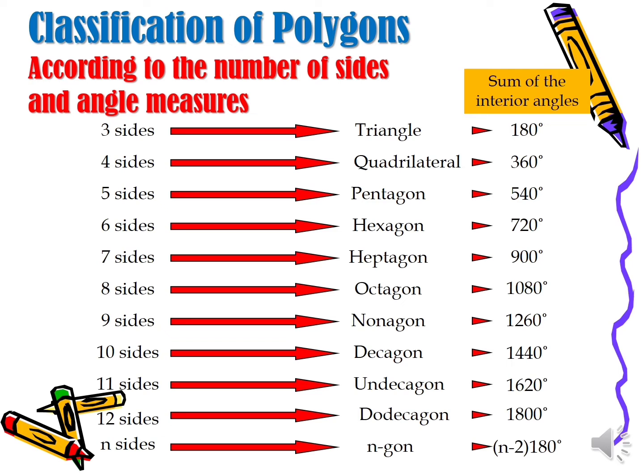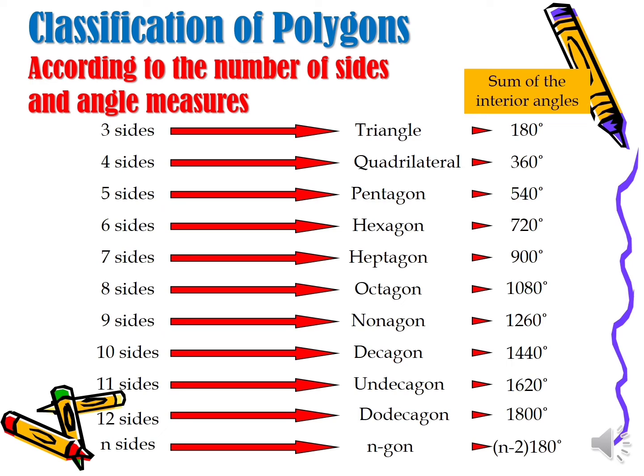If you want to check manually, then you choose a vertex from that quadrilateral and then you connect it to all the vertices of the quadrilateral. Then you will notice that you can form 2 triangles in a quadrilateral.